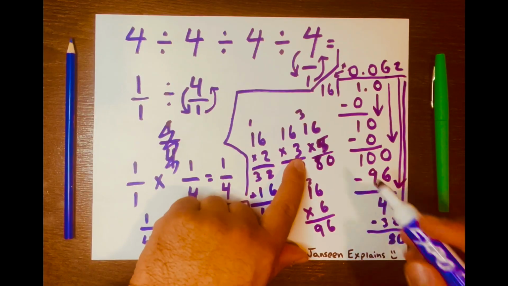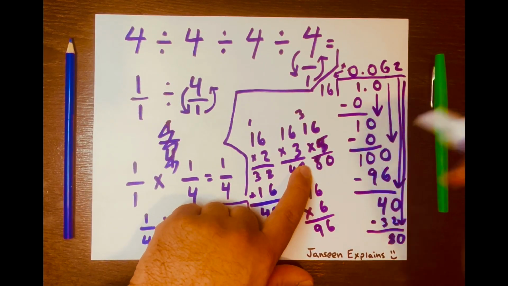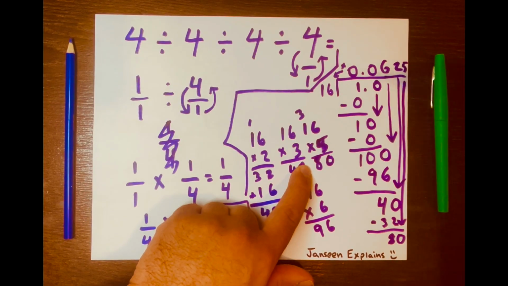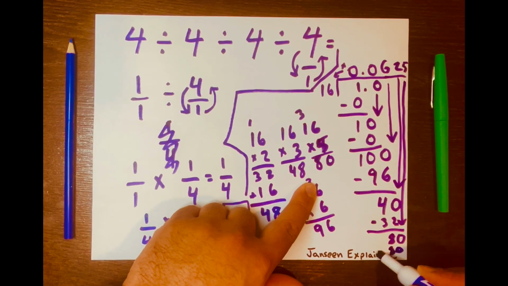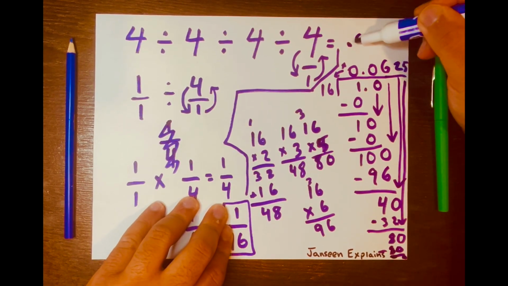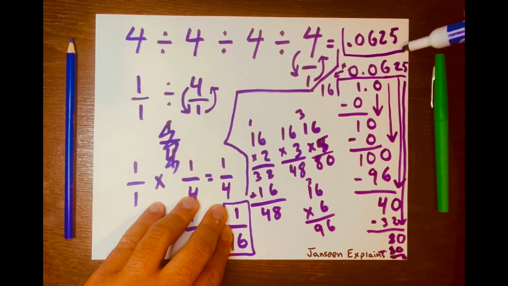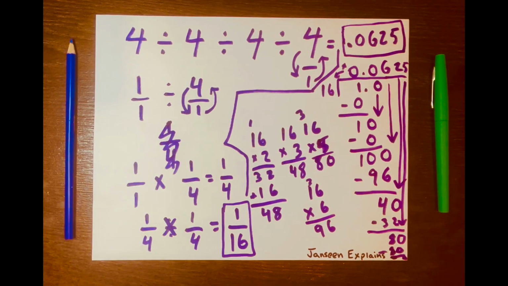Look at that. And then that's 80. So 5 will go here, and then 5 times 16 is 80. And 80 minus 80 is 0. So your answer is 0.0625. And that is your answer. And there you go.